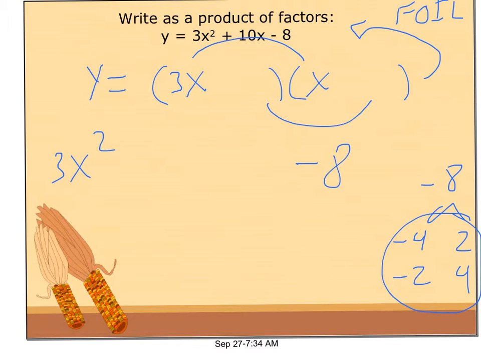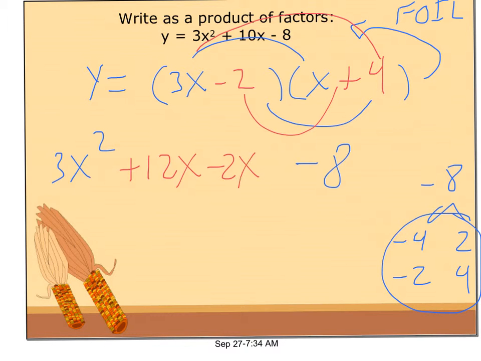It might involve a little bit of guess and check. But if I were to do 3x minus 2 and x plus 4, what I notice is when I do the outer terms and the inner, 3x times 4 is plus 12x, and negative 2 times x is minus 2x, and that gets me to the 10x that I'm looking for.